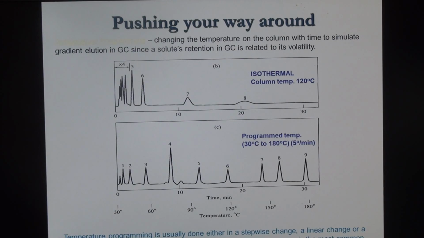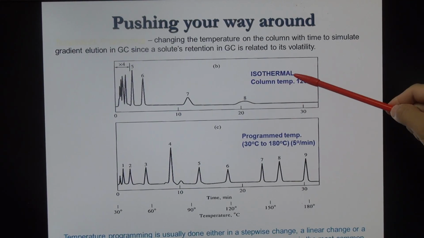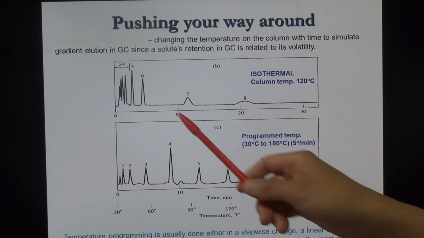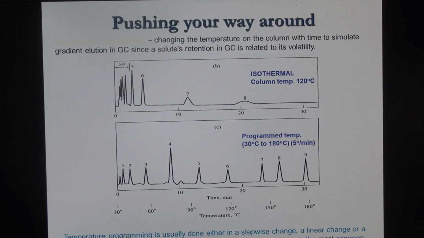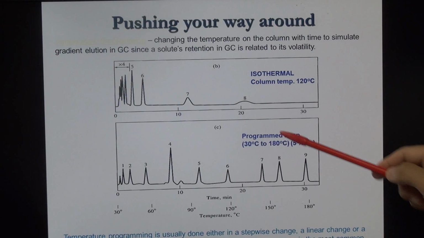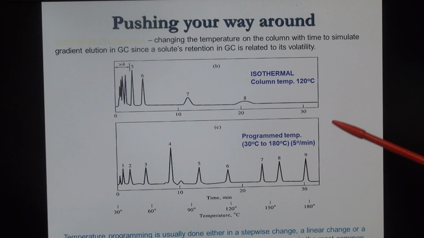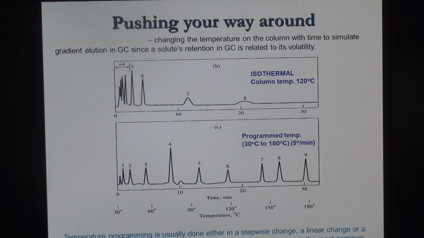Okay? Let's see an example. Here shows two examples for the separation of a certain mixture. For this separation, we use just isothermal, just the same temperature during the separation of this mixture, at 120 degrees C. So as you can see, we cannot really separate these four compounds, right? But when we use gradient elution with different temperatures, we just change temperatures as a function of time, then we could separate all these 9 mixed compounds in a mixture.